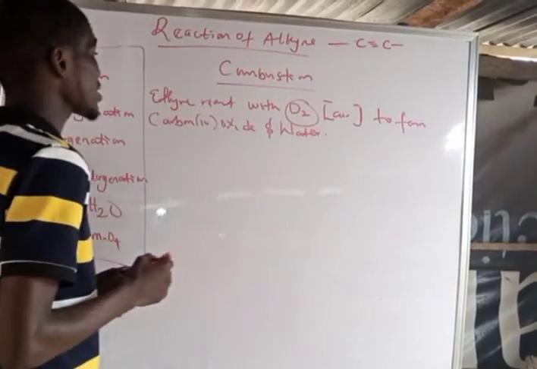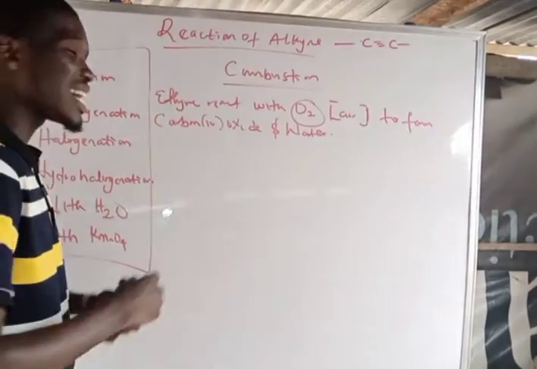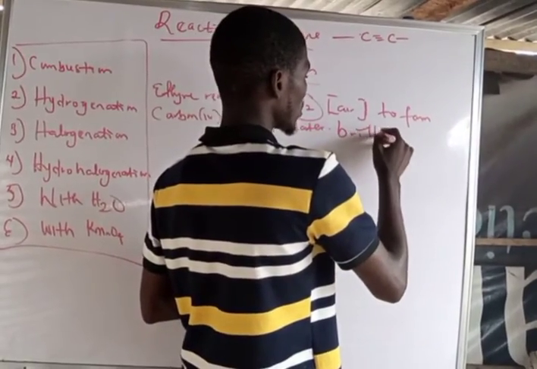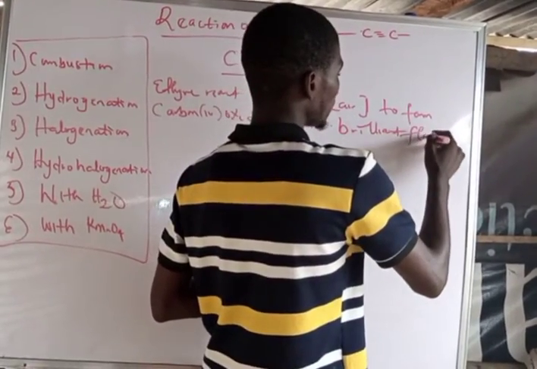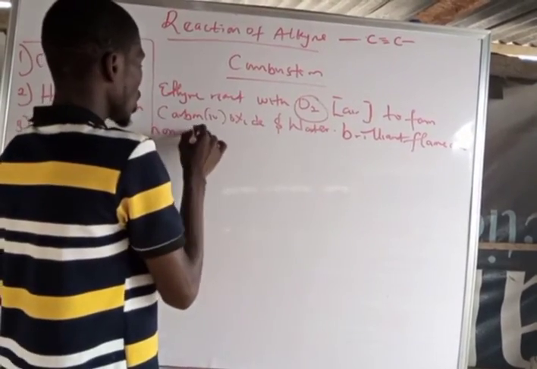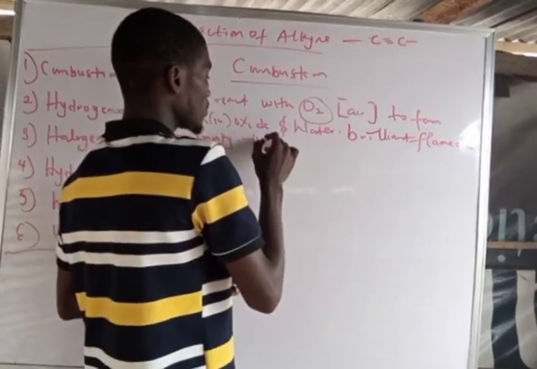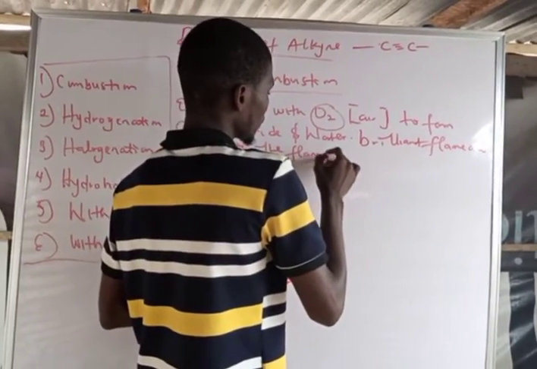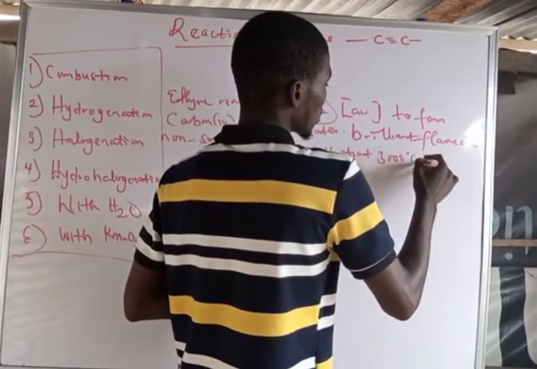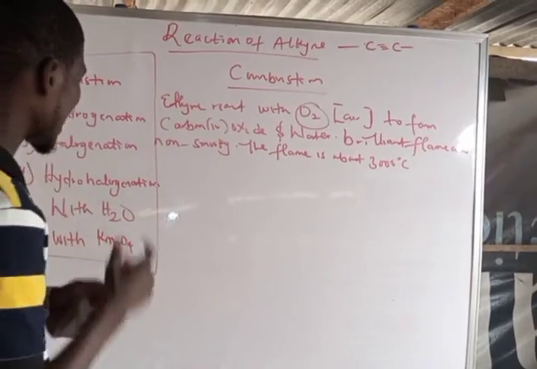And don't forget that oxygen undergoes complete combustion, and when they do so, they produce what we call a brilliant flame and not smoky. And don't forget that the flame is about 3000 degrees Celsius.